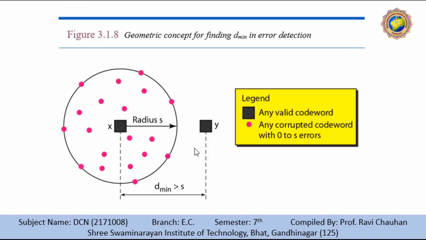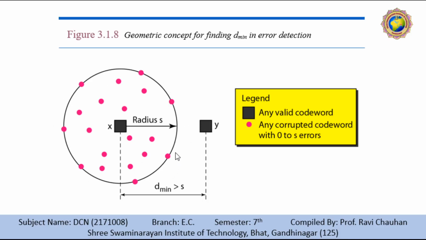We can look at this geometrically. Let us assume that a sent code word X is at the center of a circle with a radius of S. All other received code words that are created by 1 to S errors are points inside the circle or on the perimeter of the circle.